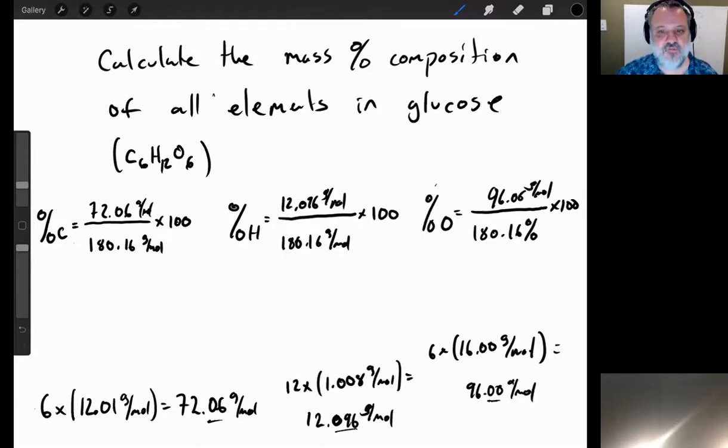So a little bit more dividing and some multiplying by 100. So 72.06 divided by 180.16. I get 39.997%.